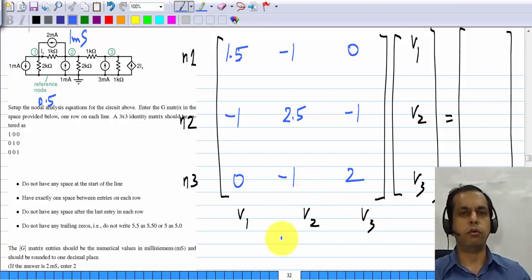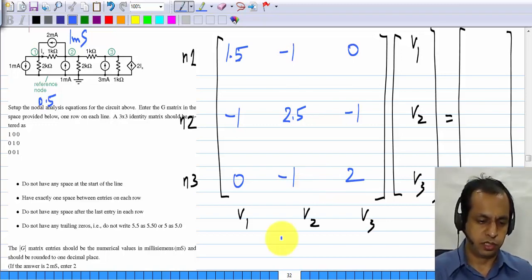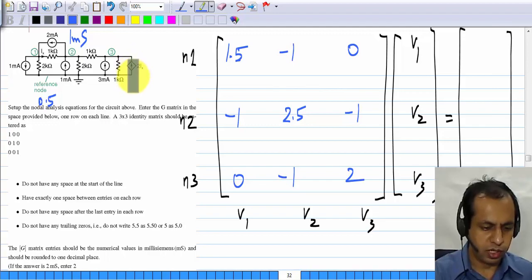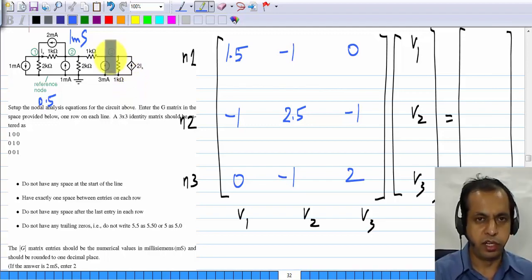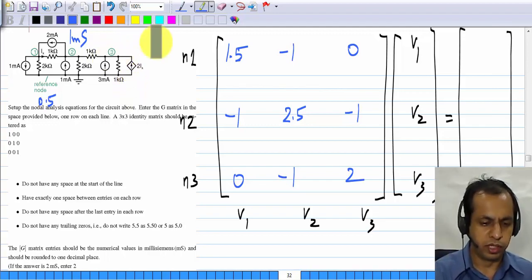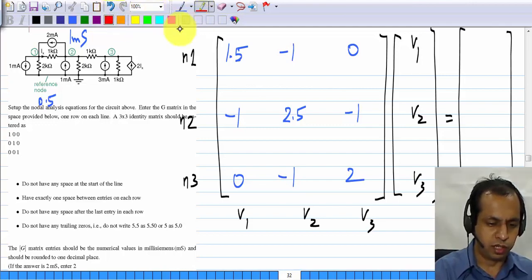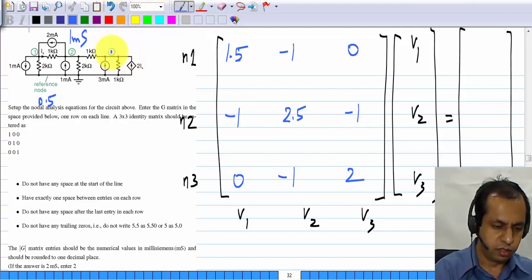Now these are only due to conductances, but we also have this control source, and this is pushing a current into node 3, or if you look at the current going out of node 3, what is that? That is minus 2 Ix, and Ix itself is how much?